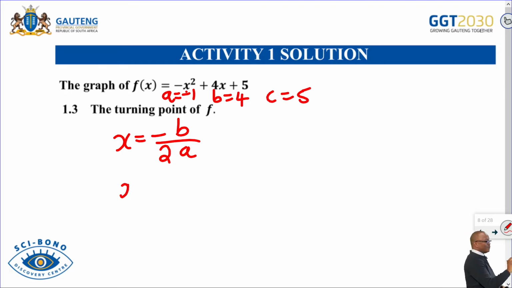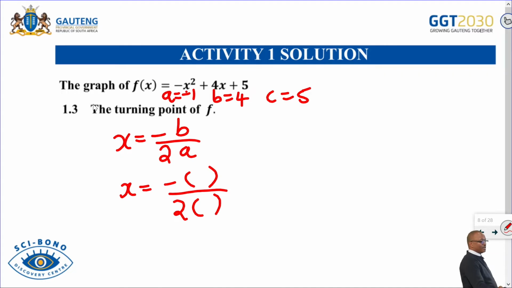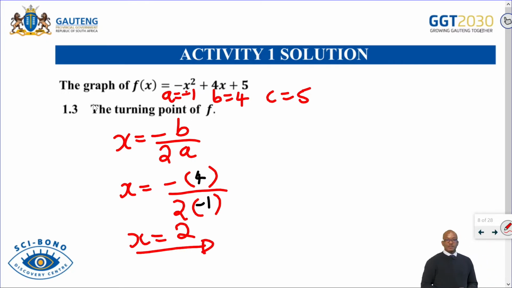So now we just substitute our b and our a: b is 4, a is negative 1. As you substitute this, you are going to get your x value as 2. After determining the x value, you are not done, because a turning point is a point, and a point has x and y.